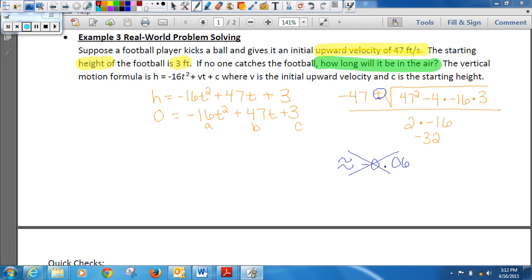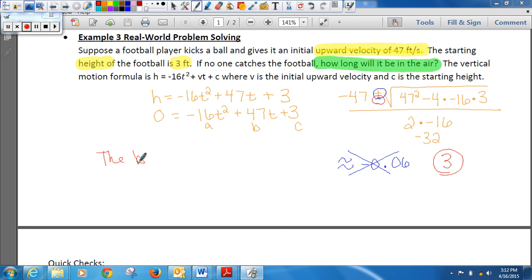If I plug it in with the minus sign here, negative 47 minus the square root of 47 squared minus 4 times negative 16 times 3, all of that divided by negative 32, I get 3. So my answer here then would be, it would be in the air 3 seconds.